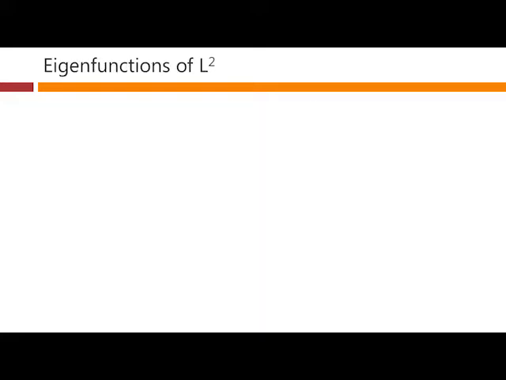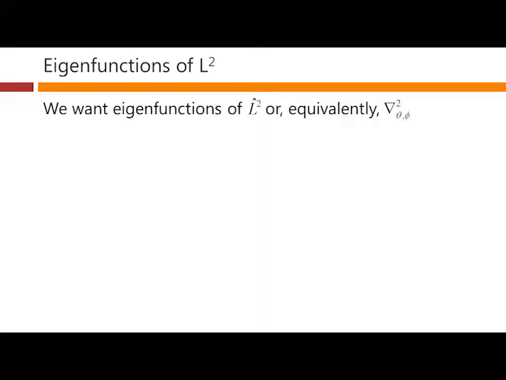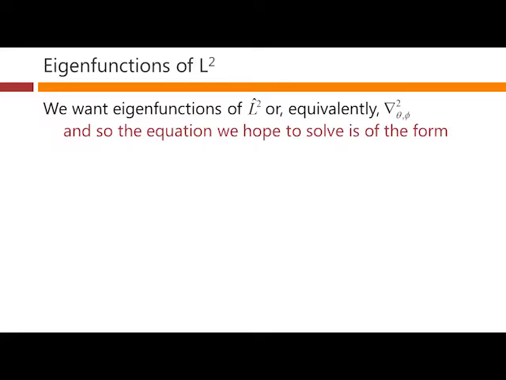So what are the eigenfunctions of L squared? We want eigenfunctions of L squared, or equivalently of this operator del squared theta phi, and so the equation that we hope to solve is something we could write in the form del squared of some function of theta and phi, which we still have to figure out, is equal to some number times this same function.